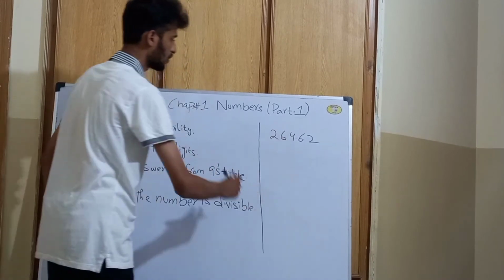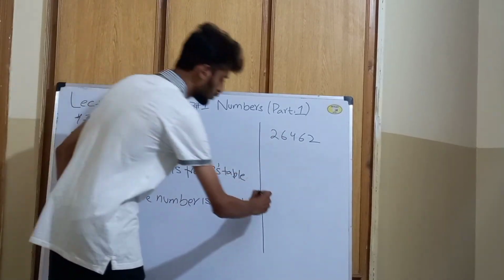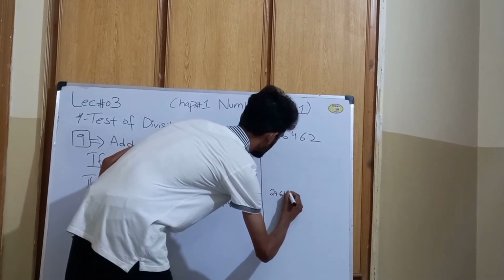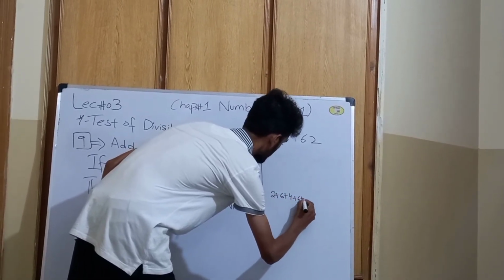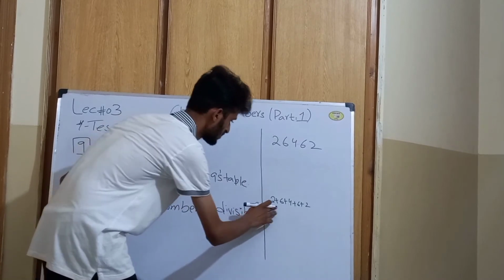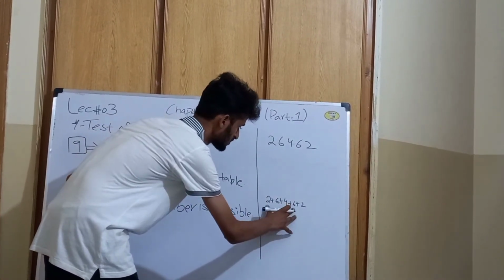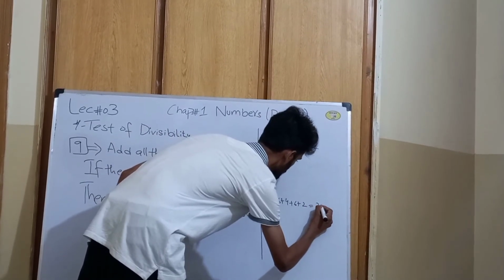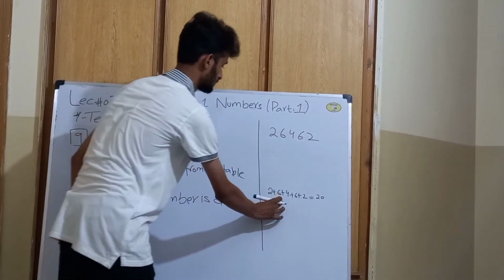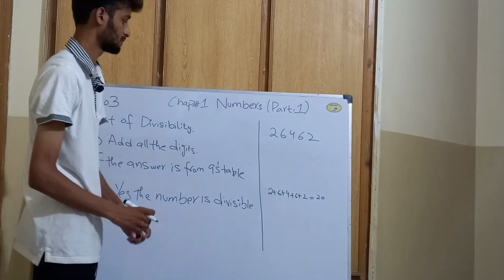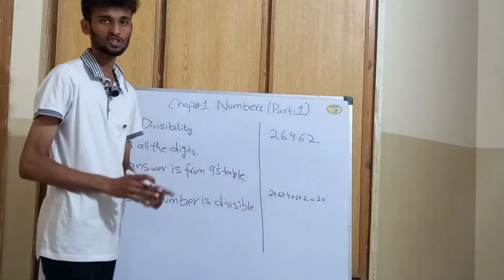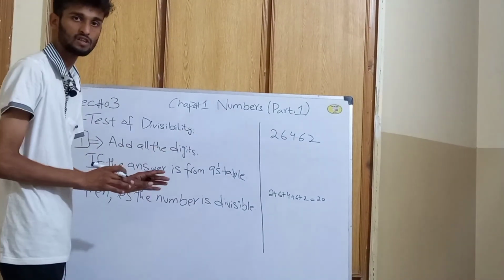So let's add all the digits in our mind, or we can do a little bit of rough work. So the answer is 12 plus 6 is 18, plus 2 is 20. So the answer is 20, and 20 is not in 9's table. So this number is not divisible by 9.